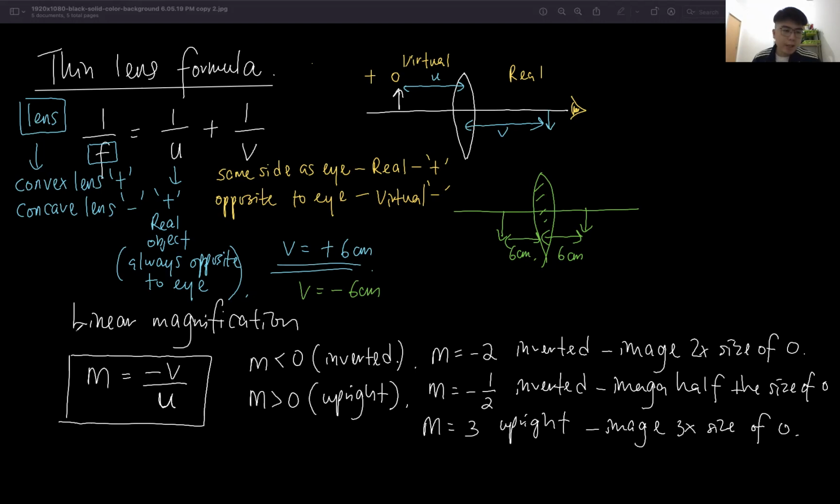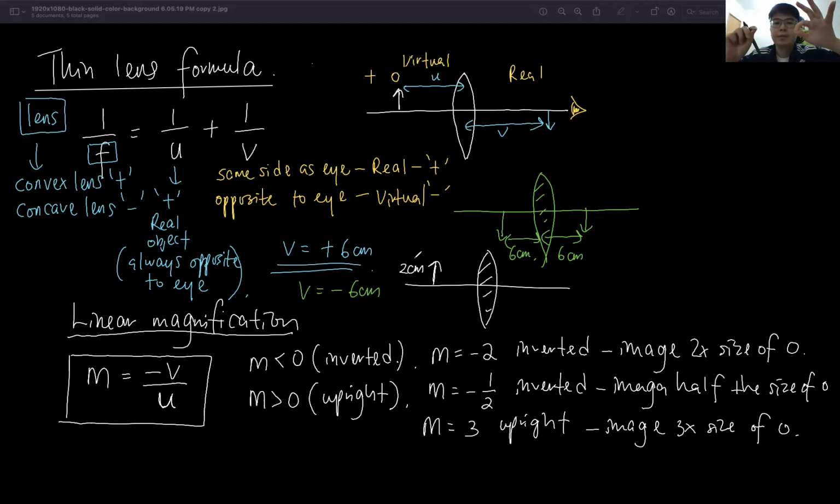Now, why do we call it linear magnification? Linear means one dimension. For example, if I have a lens here and my image has a height of 2 cm, that is linear, one-dimensional length, just length, not area. If we are talking about area, that would be 2-dimensional because you have length and width.